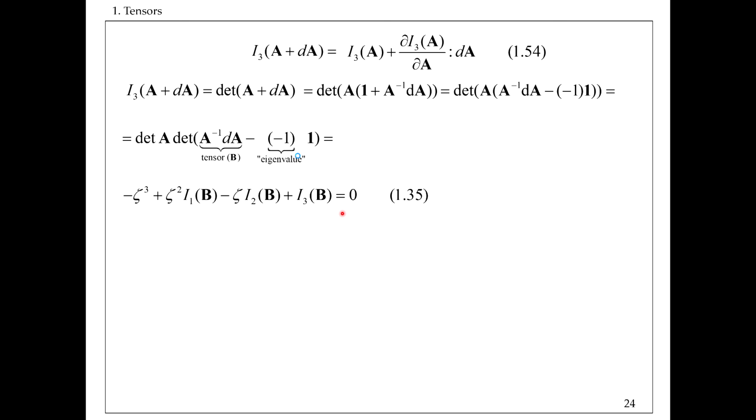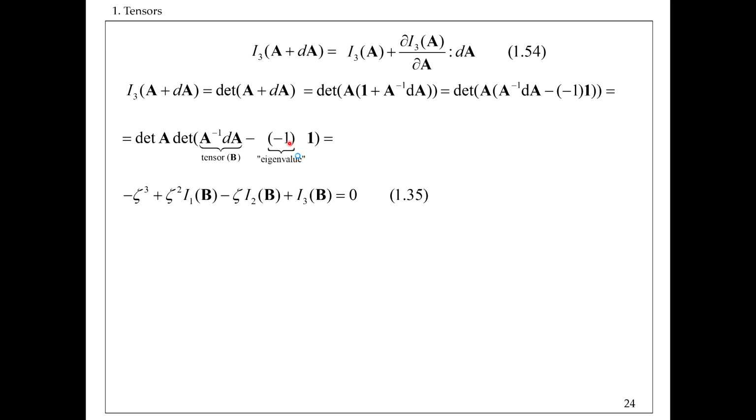We don't need to say that it's 0, and then xi will be minus 1. It's not an eigenvalue, so that's why I put this mark here. So this is it.